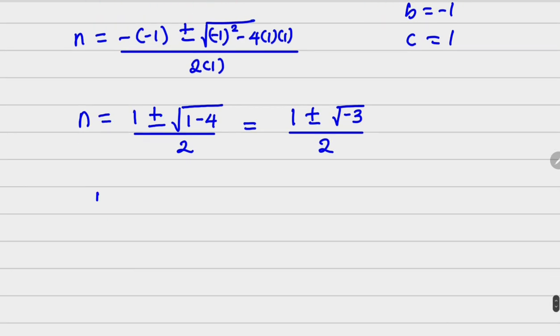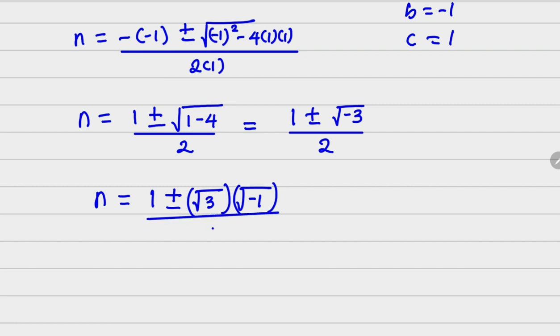Now, this is going to be in a complex plane, because n is equal to 1 plus or minus the root of 3, then you have the root of minus 1, over 2. Now, we know that the root of minus 1 is the same thing as i.